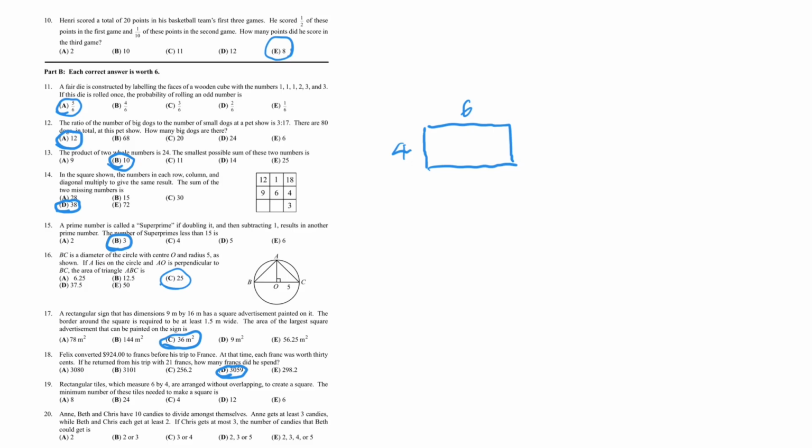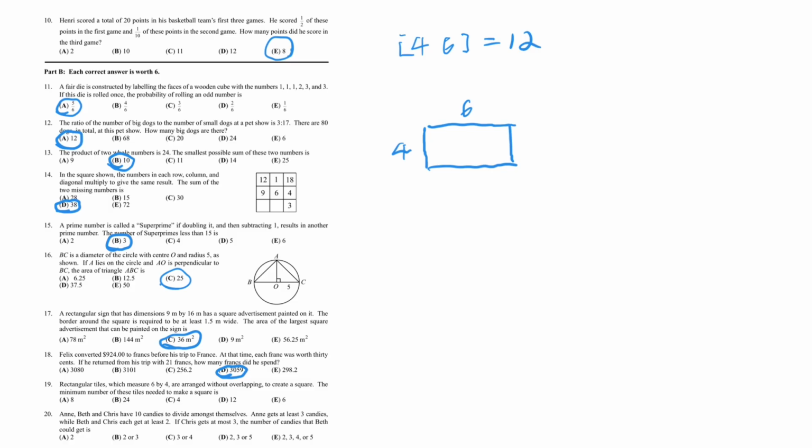To make the square, the length and the width must be equal. The LCM of 4 and 6 is 12. So the minimum length and width is 12.